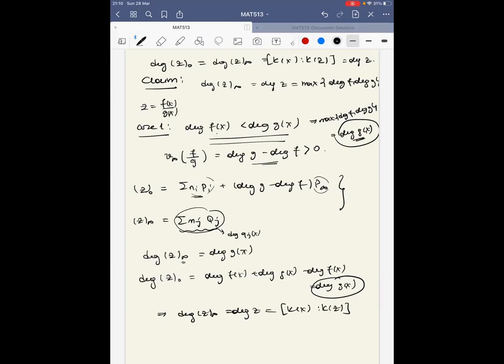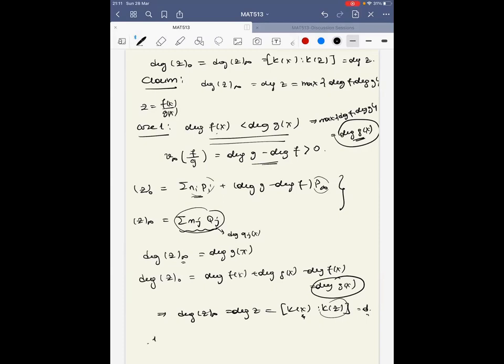So to be able to represent its minimal polynomial, let me denote this extension degree by d, and we know that the minimal polynomial of x over k(z) should be a polynomial of degree d.